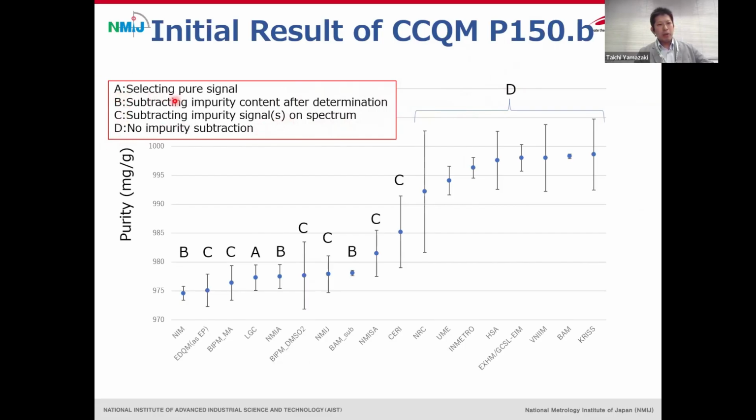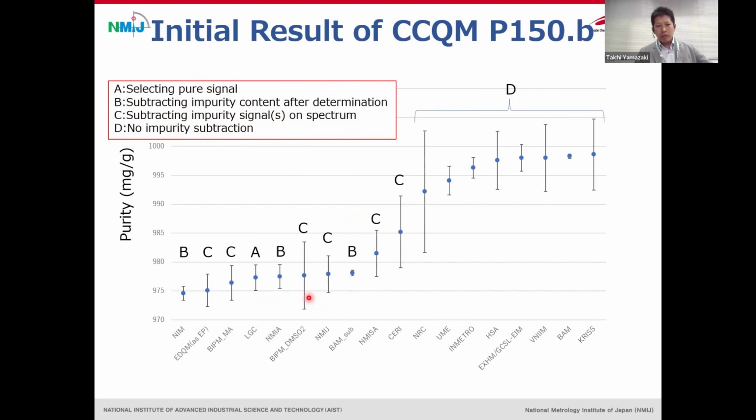A is selecting a pure signal. A is not so many, just LGC. B is subtracting impurity content after determination. C is subtracting impurity signals on the spectrum. And D is no impurity subtraction.